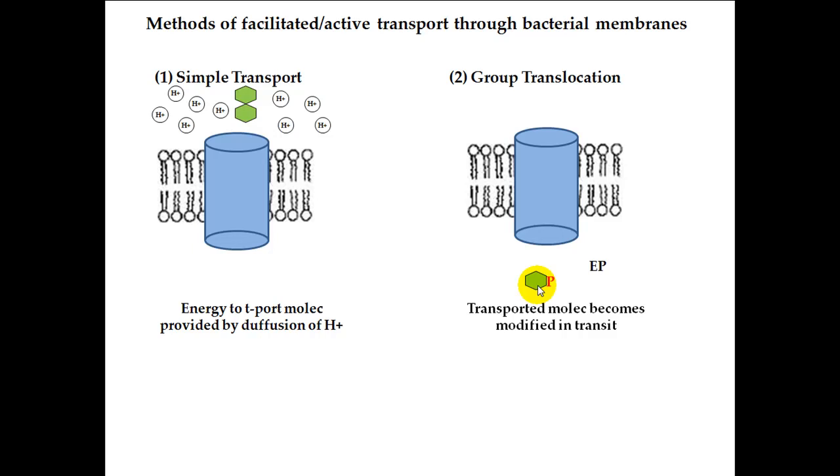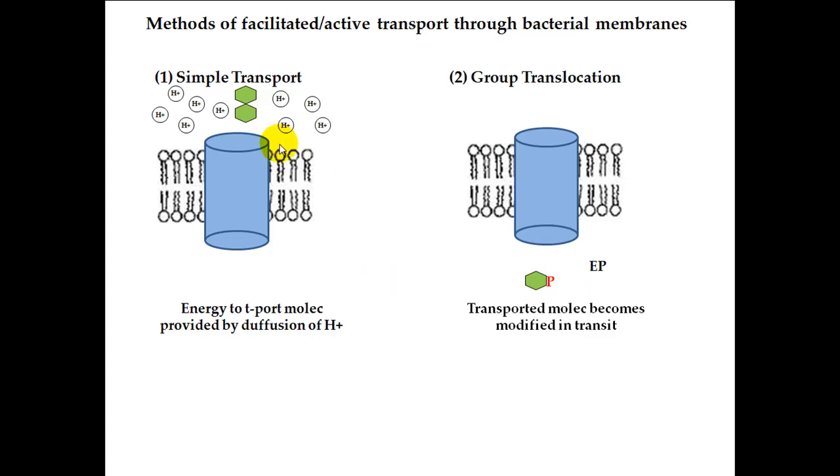The very first step in glycolysis involves the addition of a phosphate group to that glucose molecule. So one advantage of group translocation is basically it gets the process of glycolysis kickstarted, right? That first step of glycolysis can happen while glucose is being transported in. So it just kind of speeds up that process a little bit.